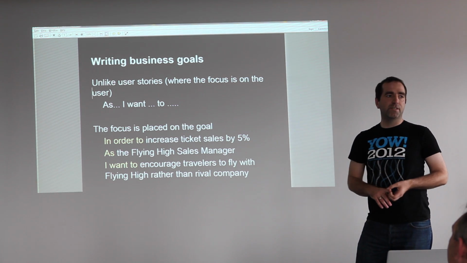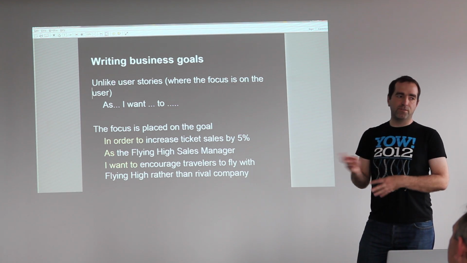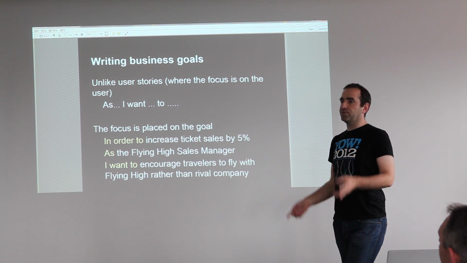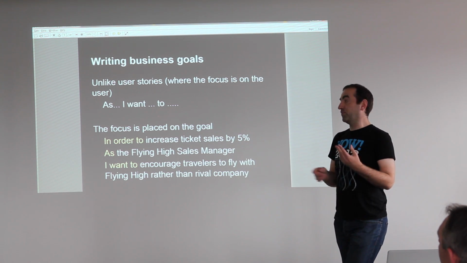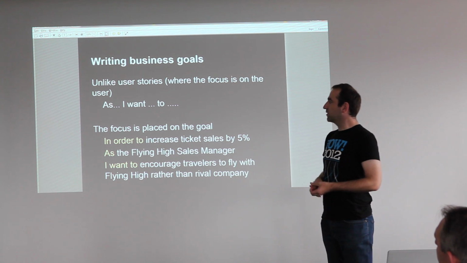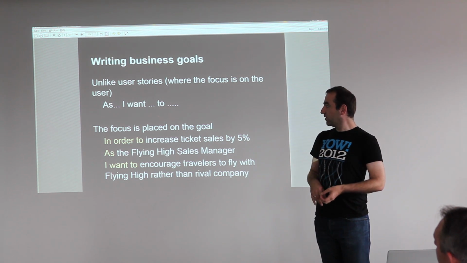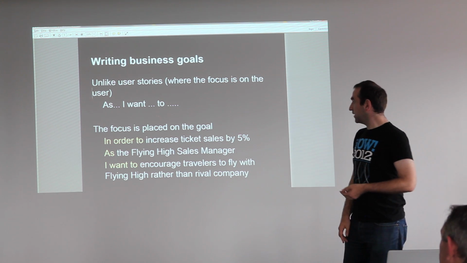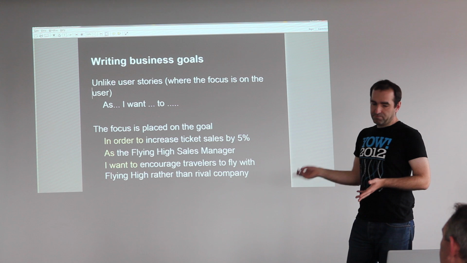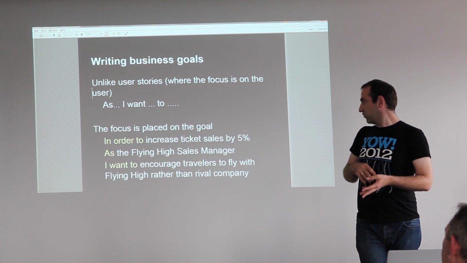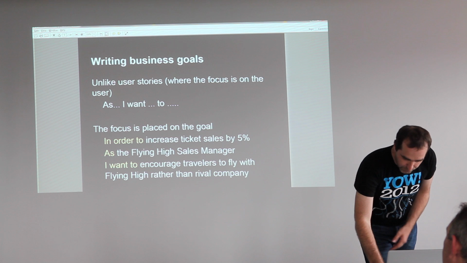If you're familiar with agile user stories, they're usually written in a template as a user, I want this feature so that I can do something useful. And with the business goals, the focus is on the actual goal. So an example is very high level. In order to increase the sales by 5%, as someone important in the company, I want to build a particular thing with the software.